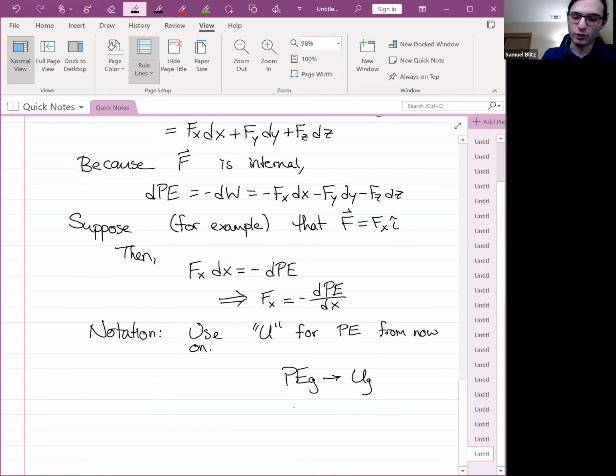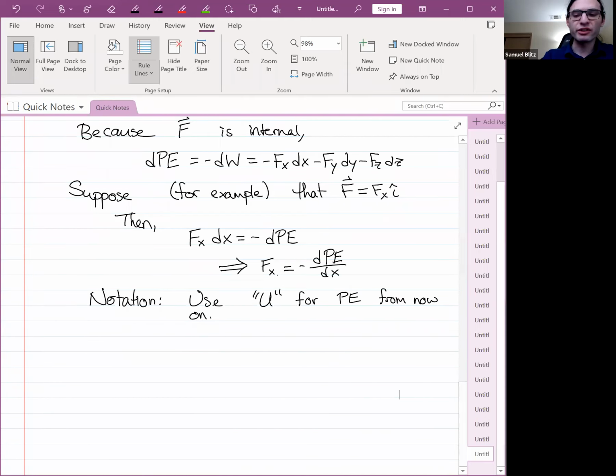And instead of seeing PE sub g as a function of height, you'll see U sub g as a function of height. That's all I'm doing. dPE is a small change in potential energy. It's just the change of potential energy, but a really, really small amount. It's an infinitesimal change.